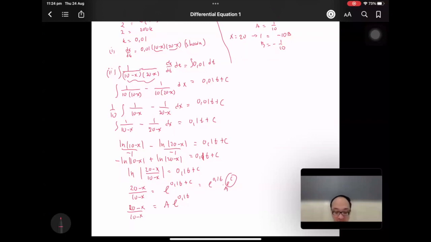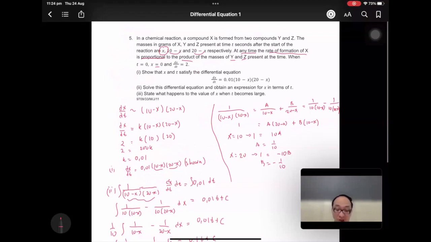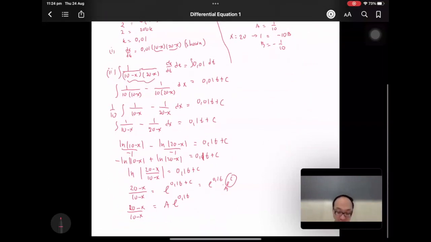And then we have to find the value of A using the information given, t0, x0. So I can put 20 over 10 equals A e to the power of 0.